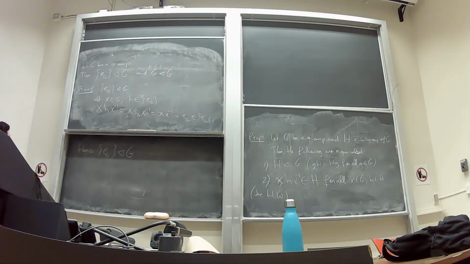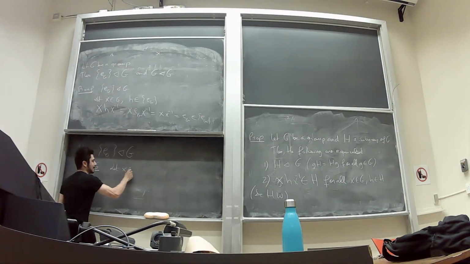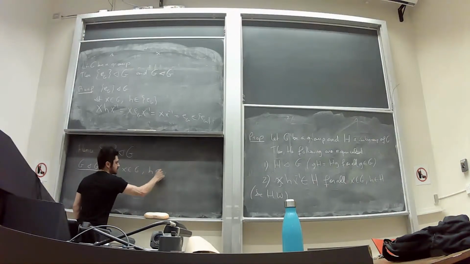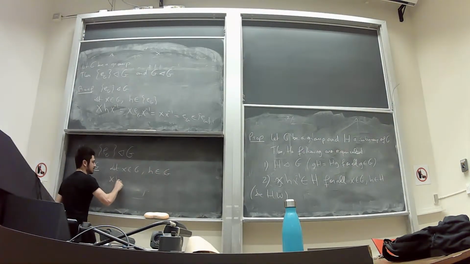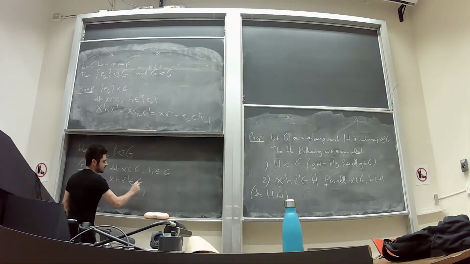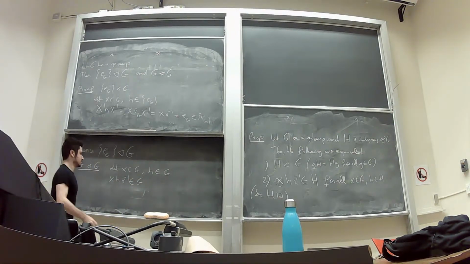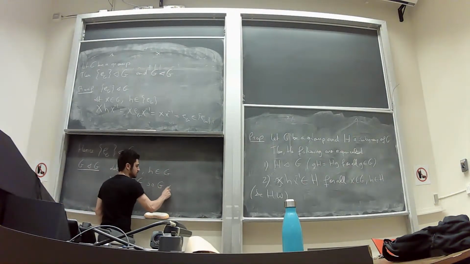Now let's prove the second claim, G is normal in G. Let x be in G and h be in G. Then xhx inverse belongs to G, because G is a group.